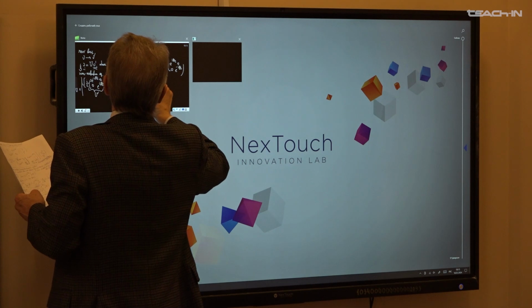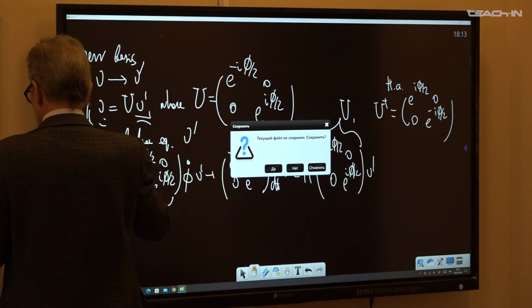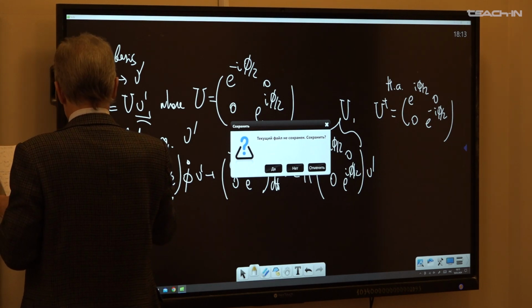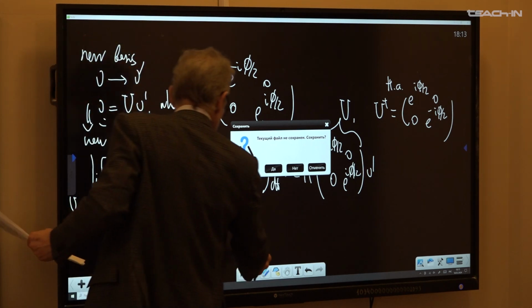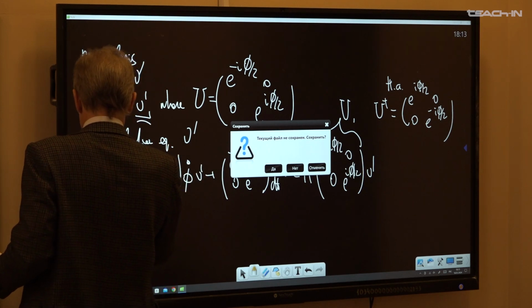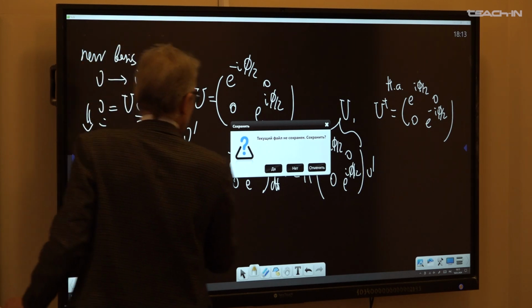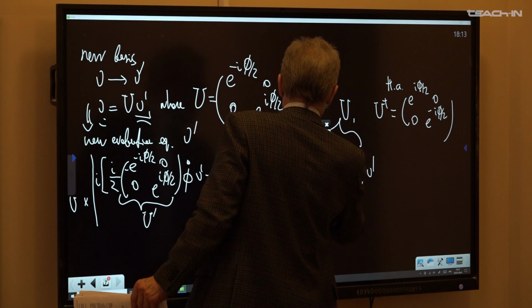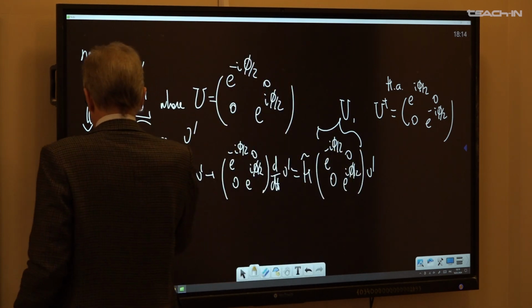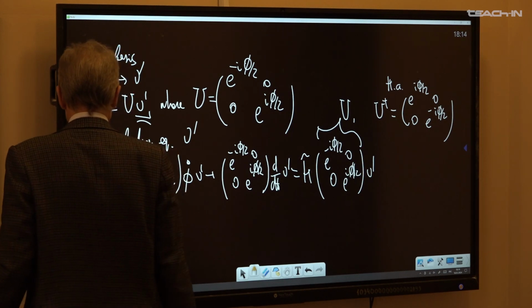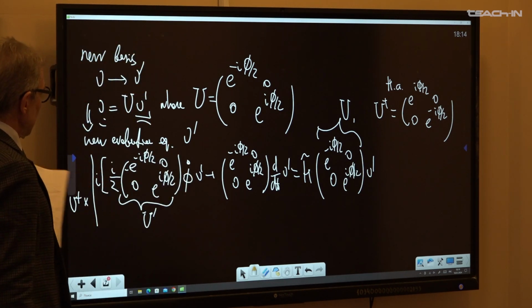Multiply by U cross here from the left side.